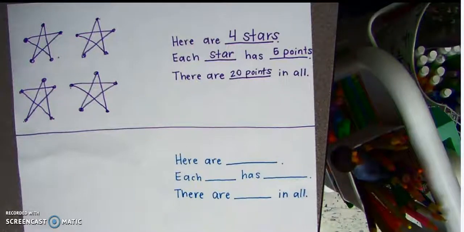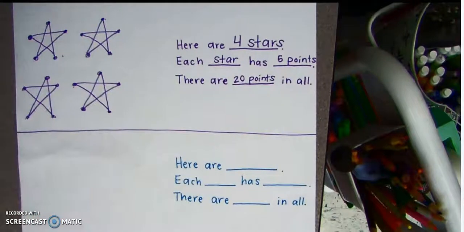Let's look at this a couple other ways. You probably remember from past classes that you've worked on repeated addition. Repeated addition is when you repeatedly add a number over and over again. So I could think about how many points there are on each star.